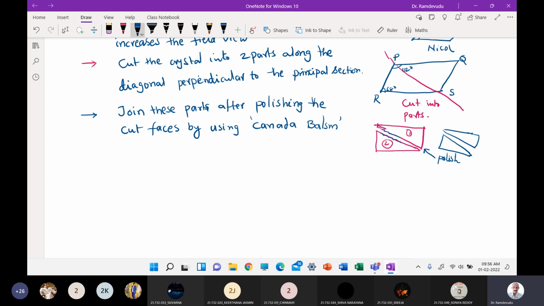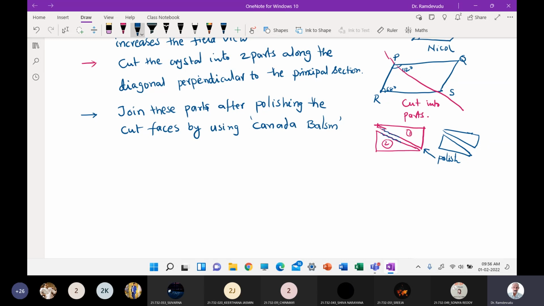Its refractive index is less than that of the ordinary ray but greater than that of the extraordinary ray, because we know that ordinary and extraordinary rays have different velocities in different directions. In a calcite crystal, the ordinary ray moves slower than the extraordinary ray. Therefore, the refractive index of the O ray is higher and that of the E ray is less.